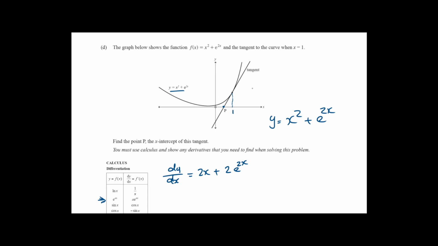What we need to know is what the y value is, and what the gradient is when x equals 1. So dy/dx evaluated when x equals 1 is going to be 2 times 1, which is 2, plus 2e squared.